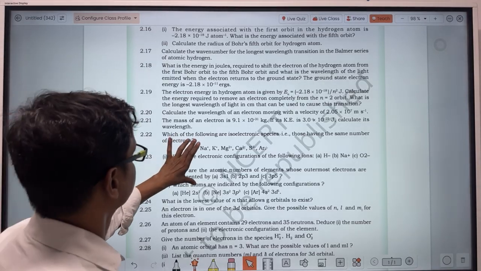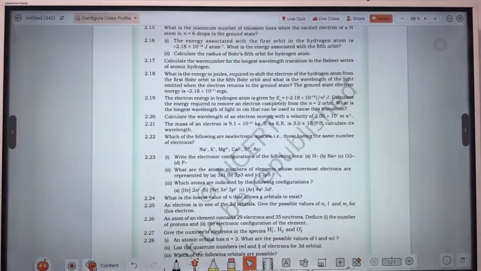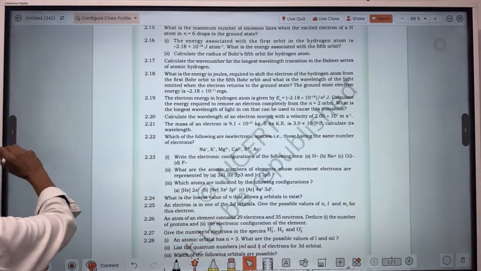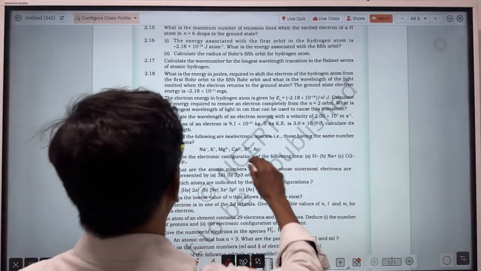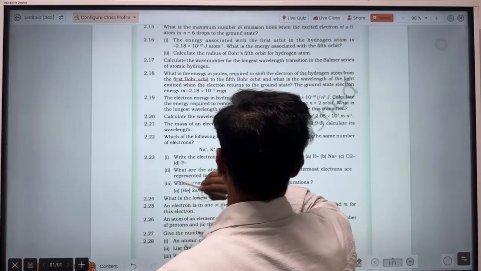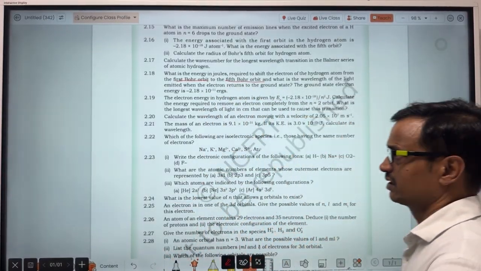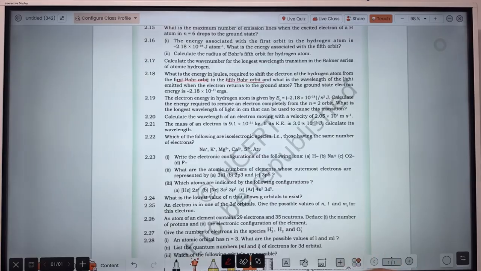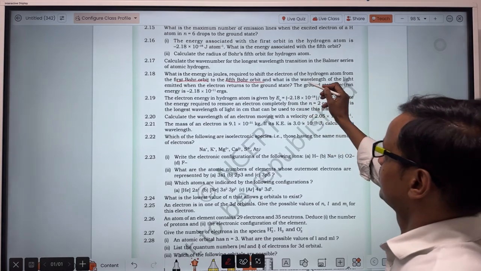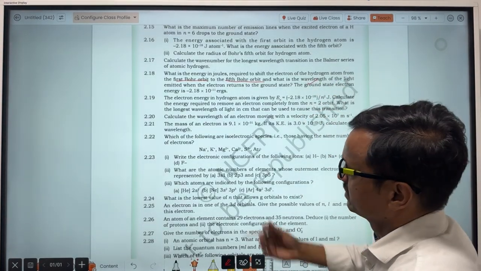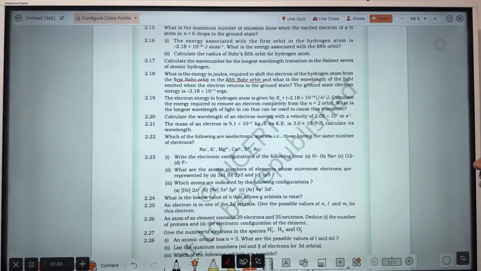Okay, so what is this question asking? The demand of the question is, when the electron is in the first Bohr orbit and shifts to the fifth Bohr orbit, how much energy will be required? And when that electron again falls from the fifth Bohr orbit to the first Bohr orbit, what will be the wavelength of radiation? That is what it is asking.